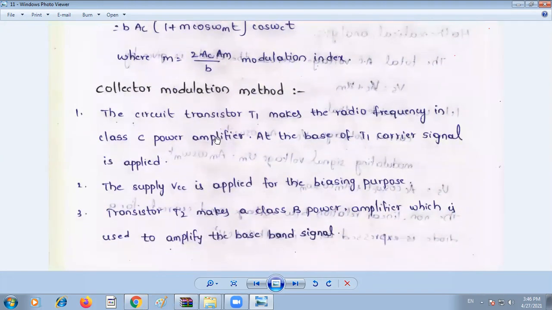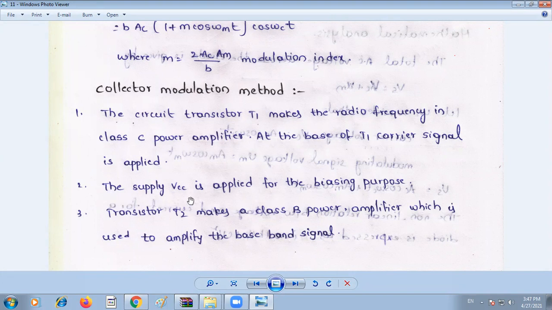The transistor T1 generates the radio frequency in class C power amplifier mode. So the carrier signal is applied at the base of T1. That is the first point.